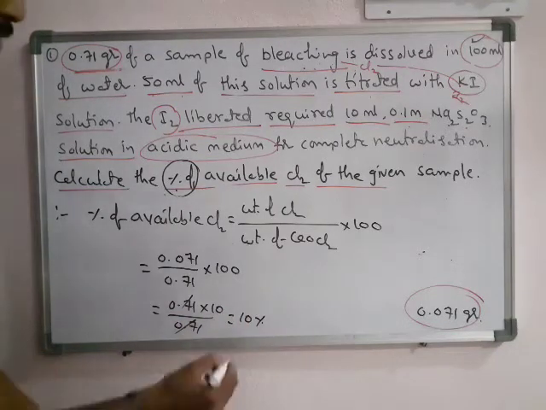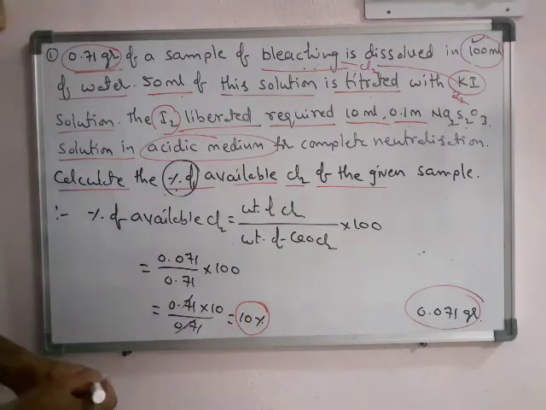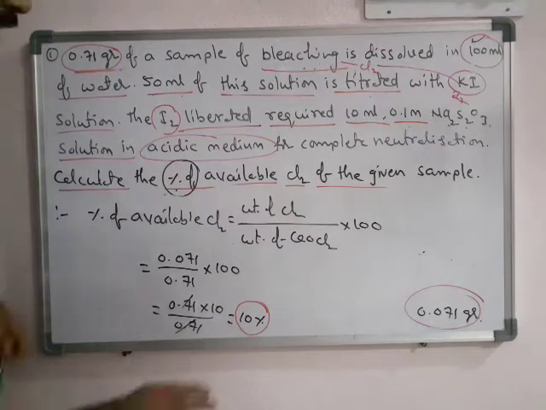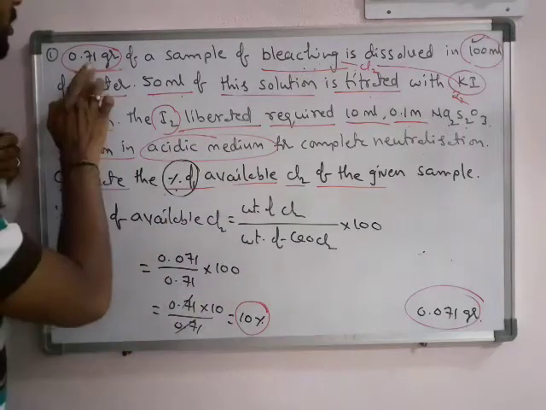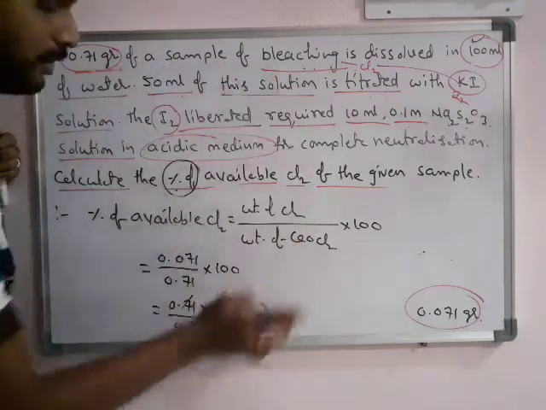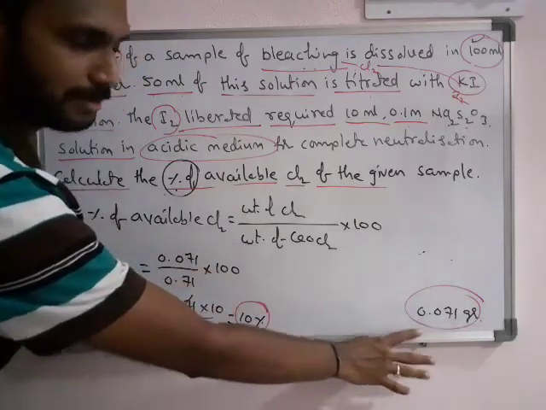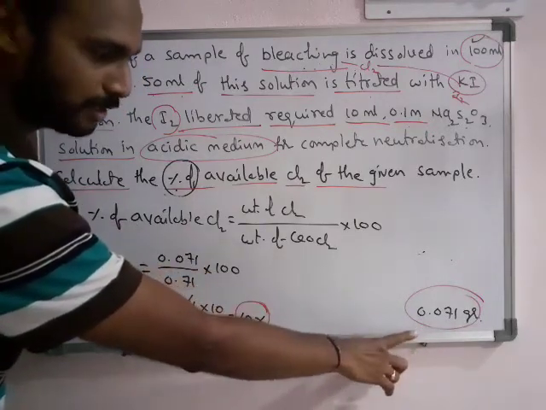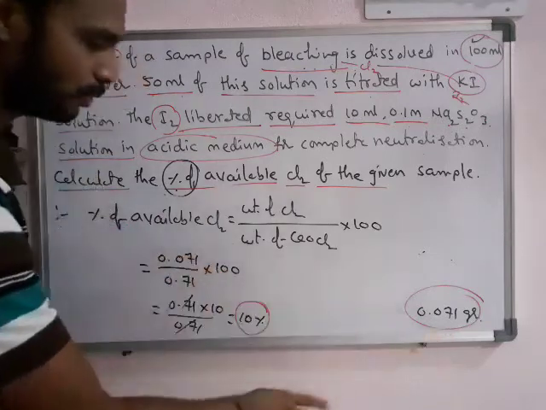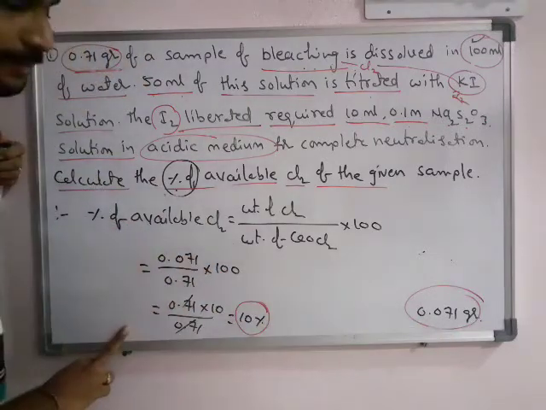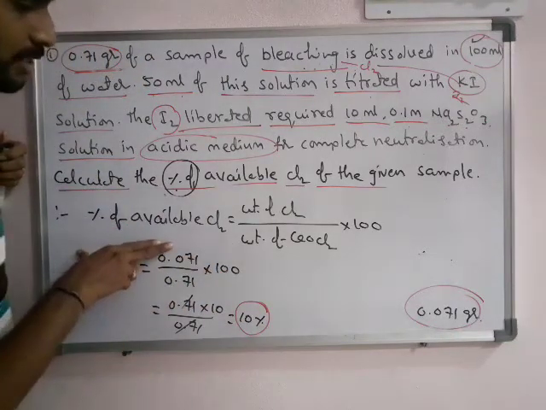So the amount of chlorine liberated from this sample of bleaching powder is 0.071 gram. So this is called available chlorine in terms of grams. So we made it into percentage. How do you get the percentage?